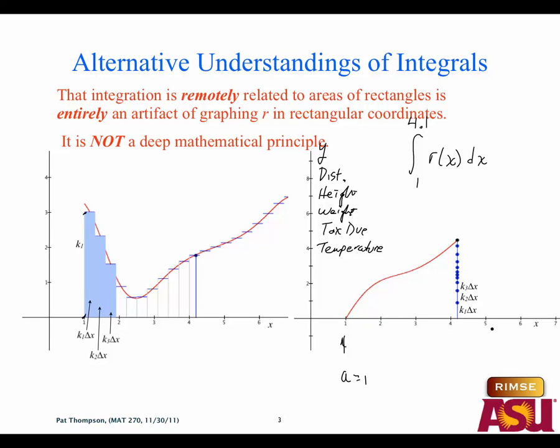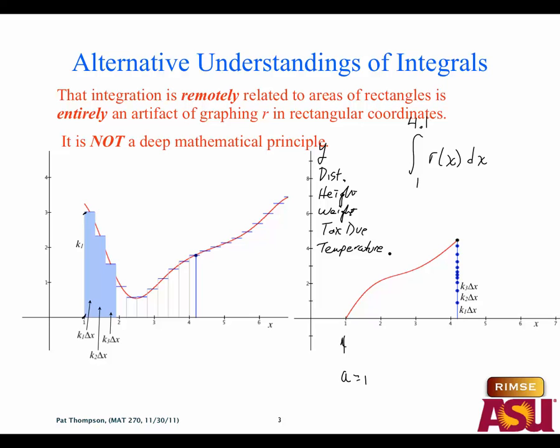Because what's the real meaning of K1 delta x? A little bit of change of one of these things, right? A little bit of change of some quantity in the real world. Okay? So if you go into a different coordinate system, like some of you have seen polar coordinates, and there are other kinds of coordinate systems you can choose, integral doesn't mean area.